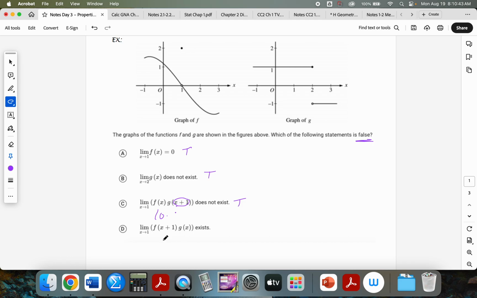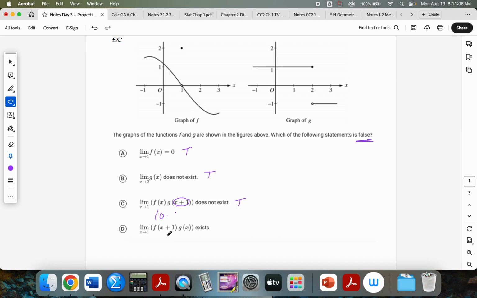The limit as x approaches 1 of f of x plus 1, that would be f of 2. I don't know what it is, but it exists. And does the limit as x approaches 1 of g of x exist? Yes.